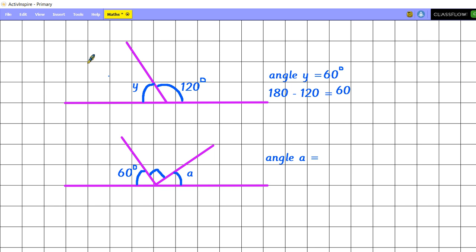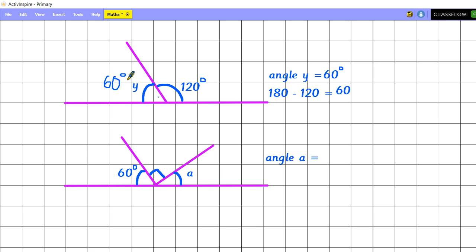If this equals 60 degrees and this equals 120, what can I do to make sure that this and this add up to the total of 180? Well, quite simply, I could do the size of this angle add the size of this angle. If it comes in at 170 or 200 or something other than 180, then I know I must have gone wrong.